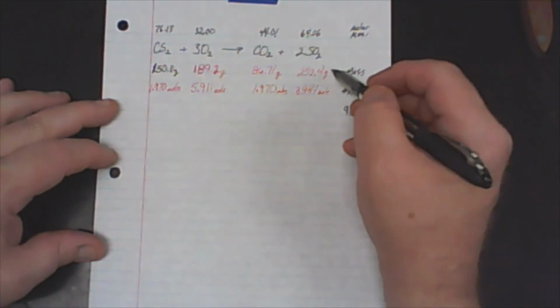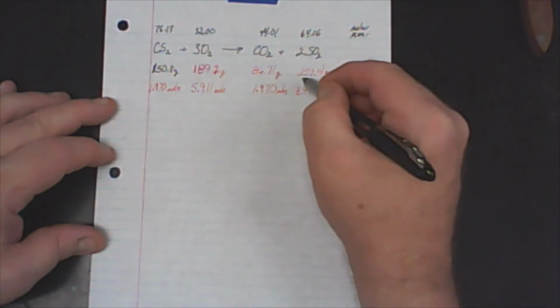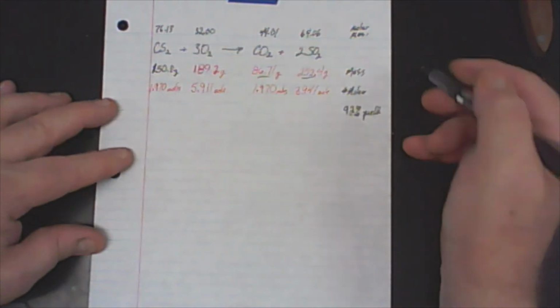Okay, I've switched my papers out, picking up right where I left off. If my problem tells me that this particular reaction has a 92% yield, then what I'm going to do is take my theoretical yields right here and here.